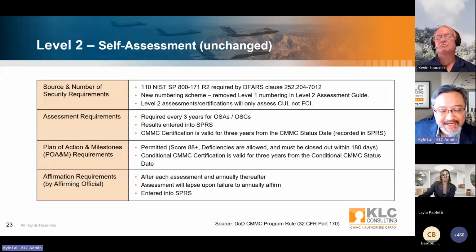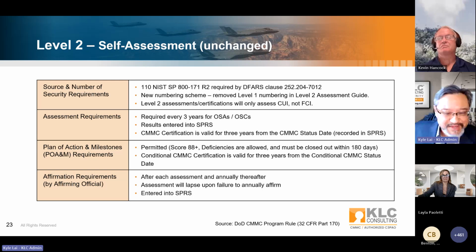Level 2 self-assessment. The POA&M is allowed. You have to do this once every 3 years. Again, like what Leila has said, less than 2% of all DoD contracts will be falling into this category. So don't have a high hope that if you are receiving CUI, you will have the self-assessment.